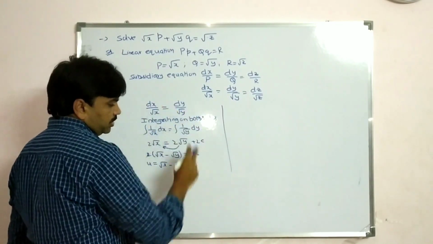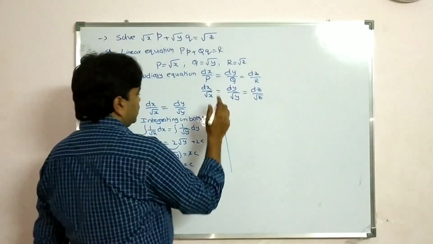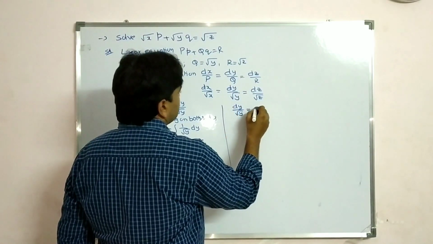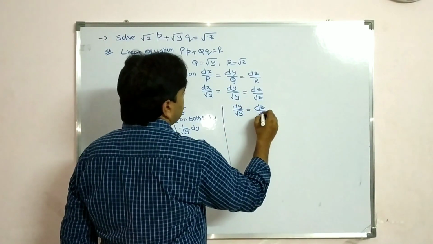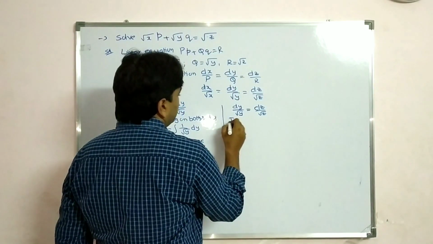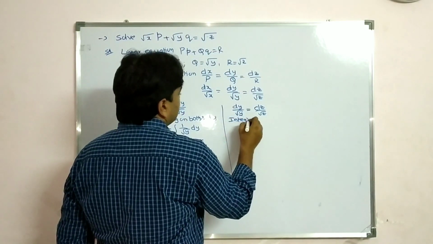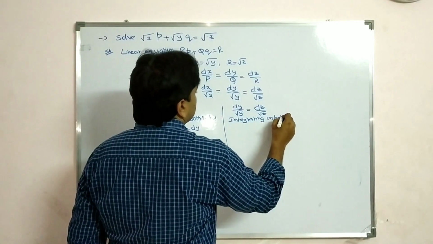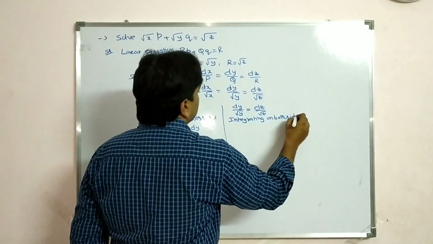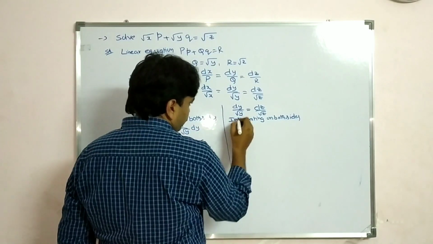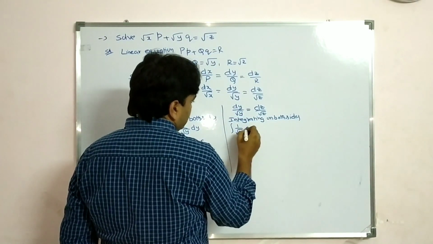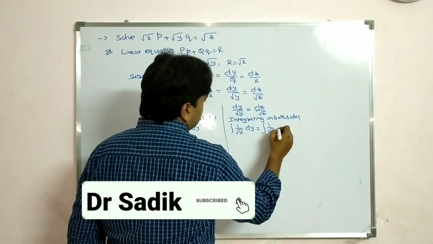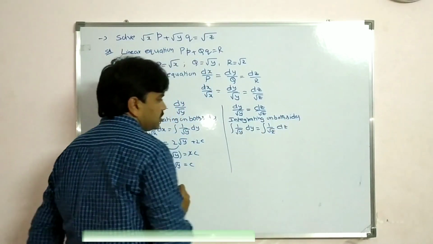Similarly, you take the second and third equation, students. Say it is dy by root y is equal to dz by root z. Integrating on both sides. So integral of 1 by root y dy is equal to integral of 1 by root z dz, students.